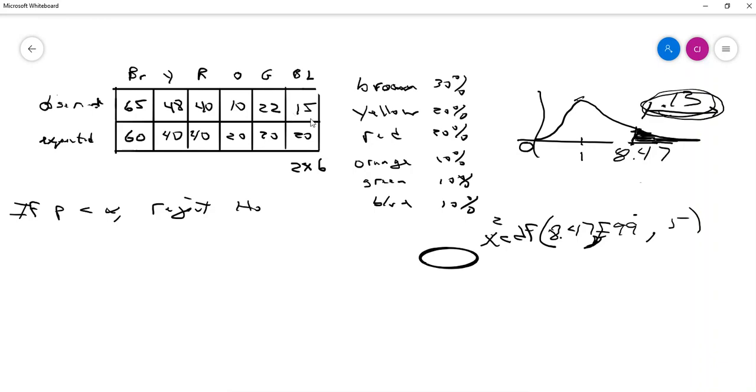Now we know it's not going to be perfect. Some of these colors are different than what they're supposed to be. Look, that's off by 5, it's off by 2, that one's off by 10.